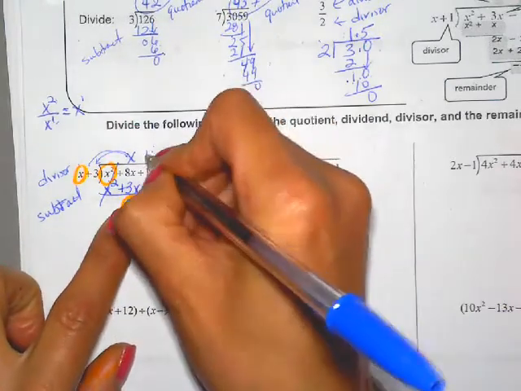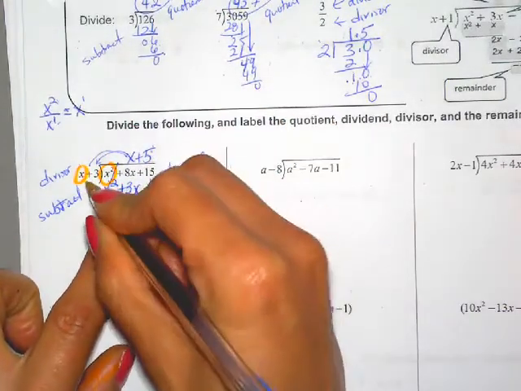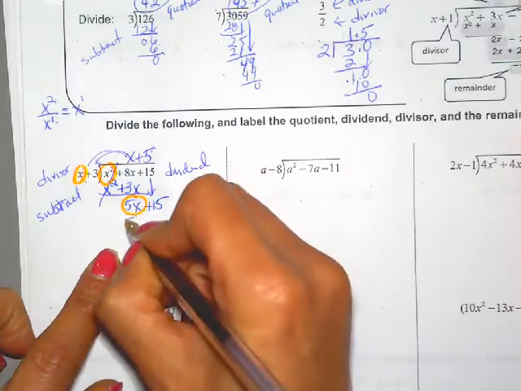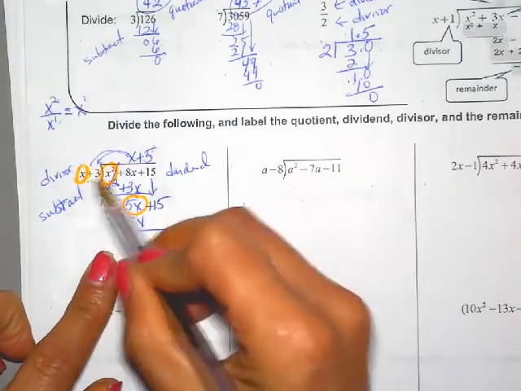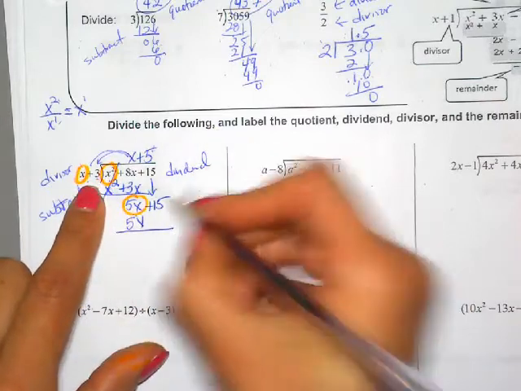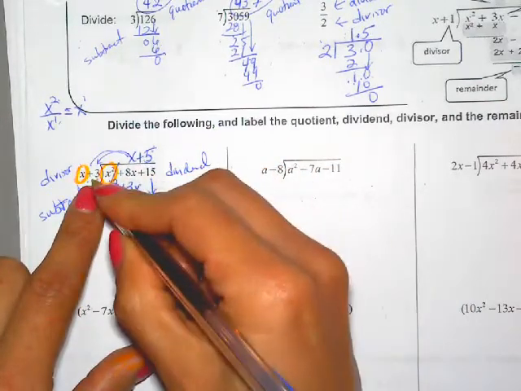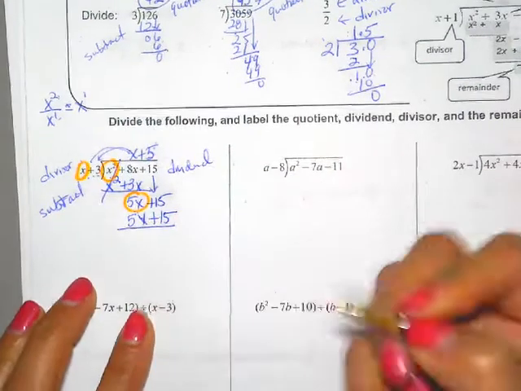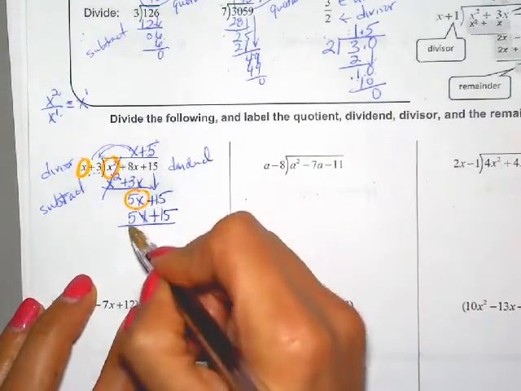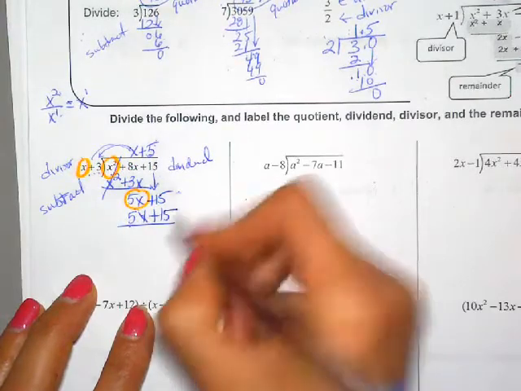Obviously, it's 5. 5 times x is 5x. But if I multiply the first one, I have to multiply also the second number in our divisor, plus 3. 5 times positive 3, positive 15. Then we take the difference. 5x minus 5x is 0. 15 minus 15 is 0.